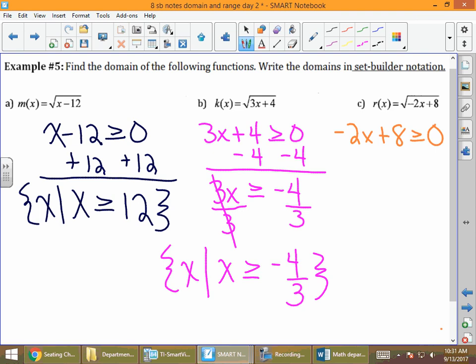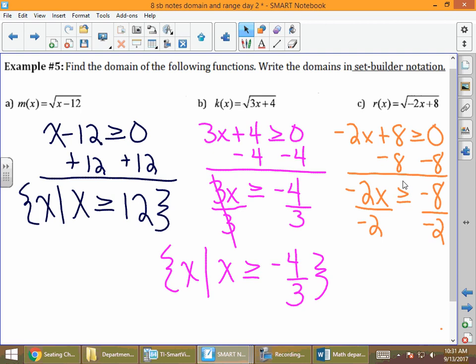And just be careful, because I'm going to move the 8 over here to the right side. And we're left with negative 2x is greater than negative 8. Again, I prefer to keep my letter on the left, like we did with our inequalities earlier this week. But what happens to an inequality when we divide by a negative number? What happens is that the direction of our inequality changes.